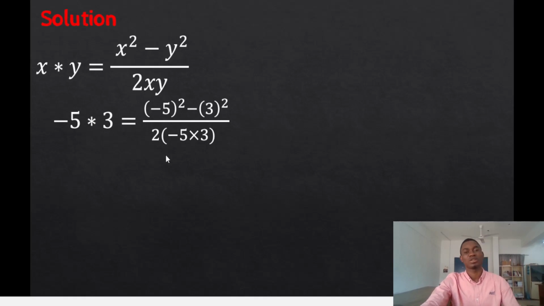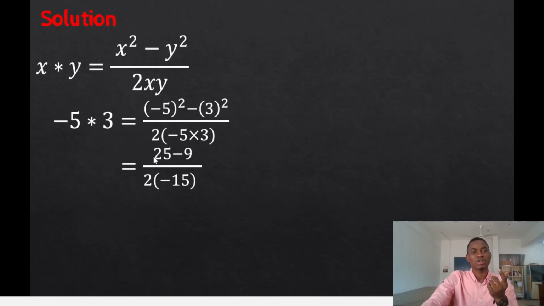It is just that simple. So here we have minus 5 all squared minus 3 squared all over 2 into minus 5 times 3. Okay, so minus 5 squared is 25, then 3 squared is 9.